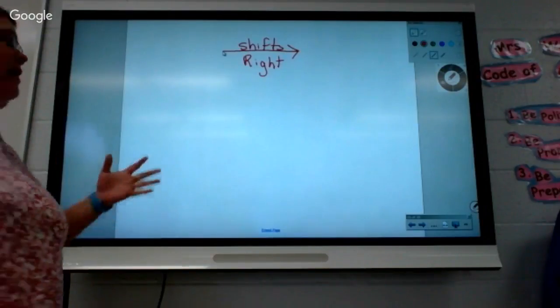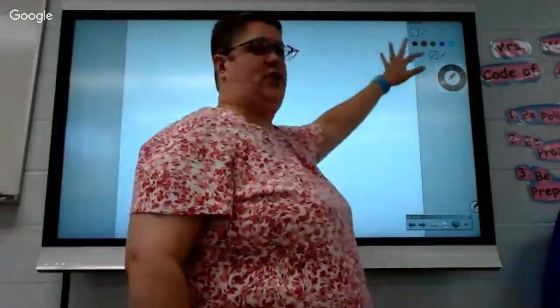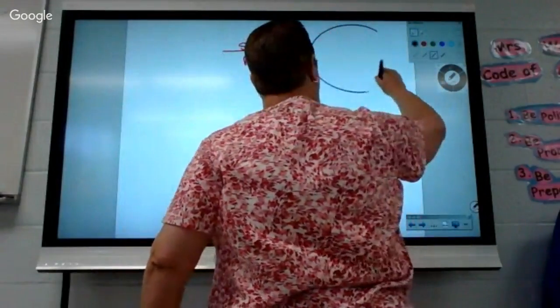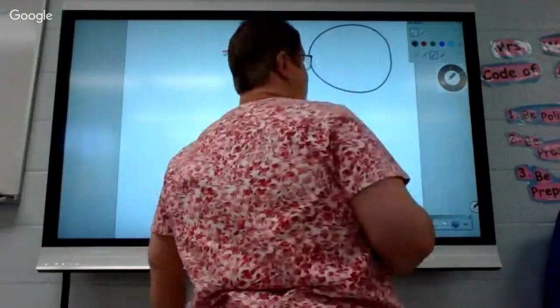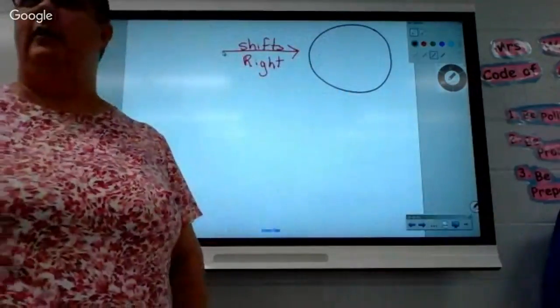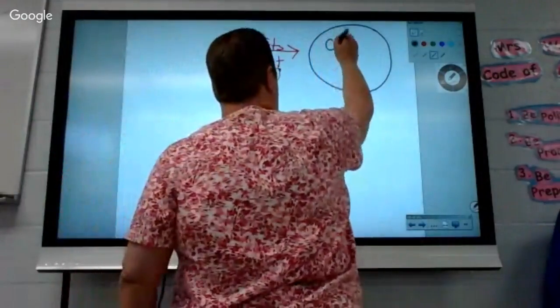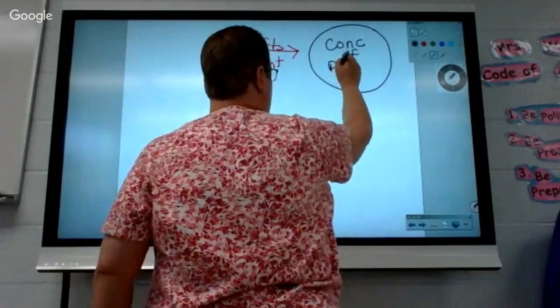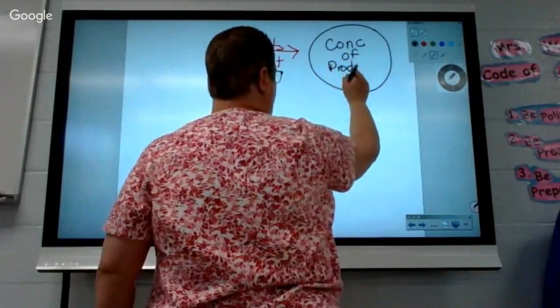Every time you say the reaction shifts to the right, what happens to the product? Does the concentration over here increase or decrease? That's right. The concentration of the products increases.